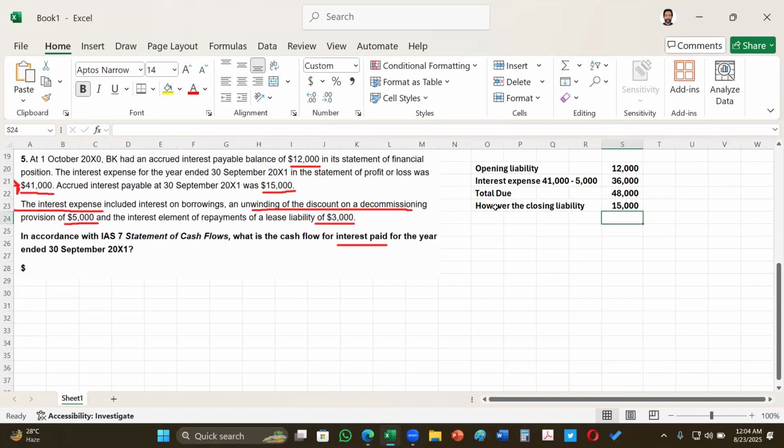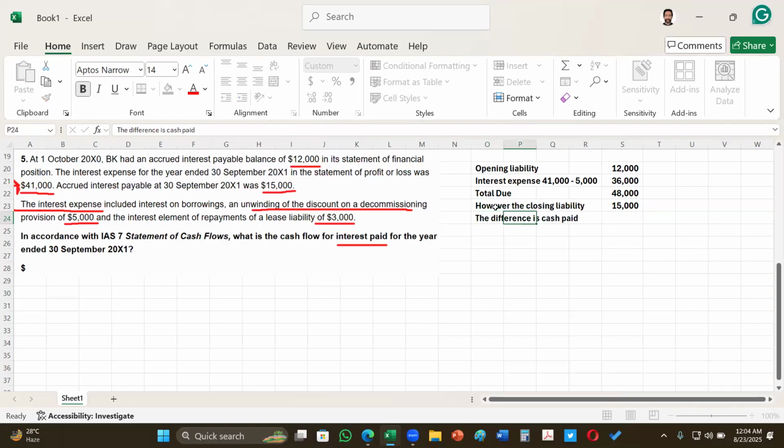So we think it should be 48, however, it is 15. So what is the amount of cash? The difference is cash paid. The cash paid is the difference of these two things. So we take this 48, we deduct the 15, and we have the answer as 33,000. So this is the answer.